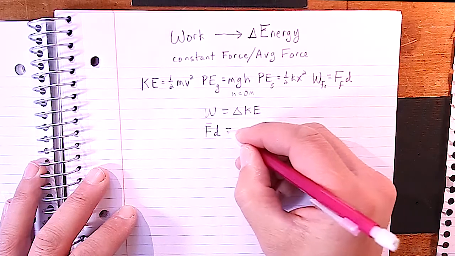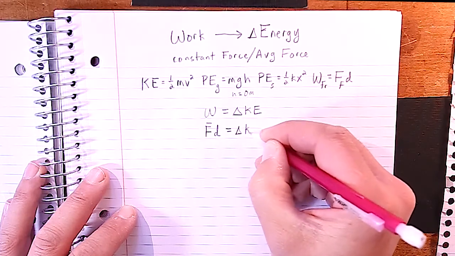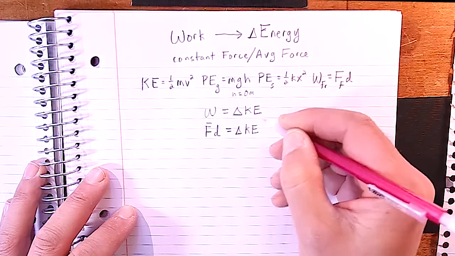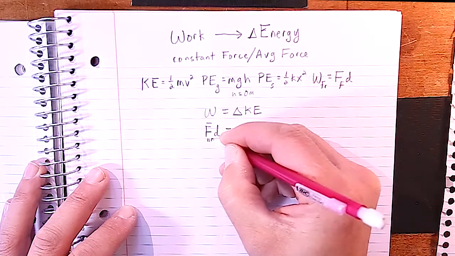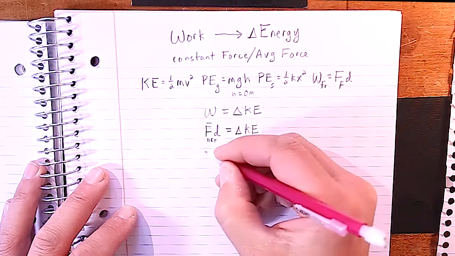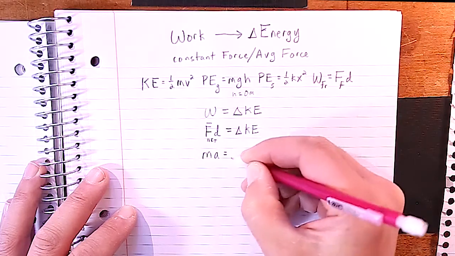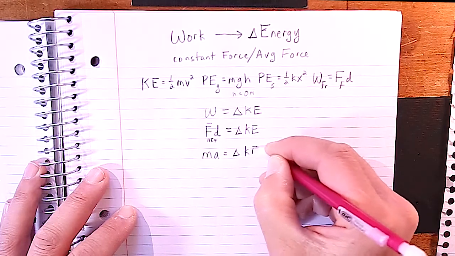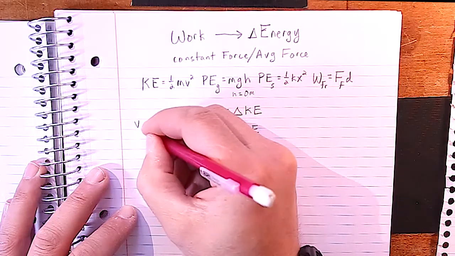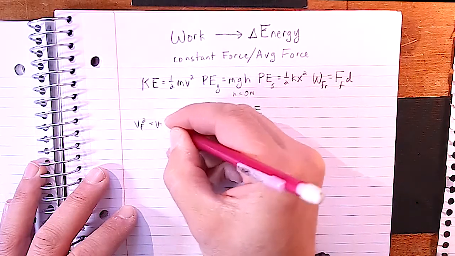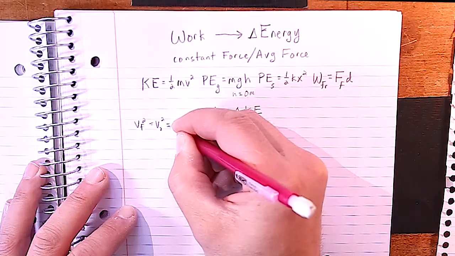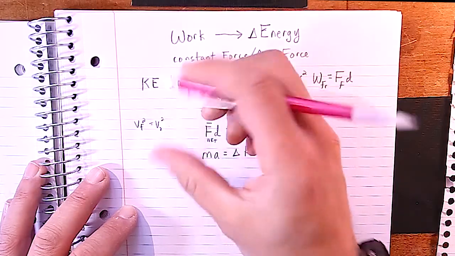But what speeds something up? What makes something go faster and faster? Well, that would be a net force. So we could replace this with ma, equals delta KE. And we can do a little derivation here by stepping over to the side and saying vf squared equals v naught squared plus 2ad.